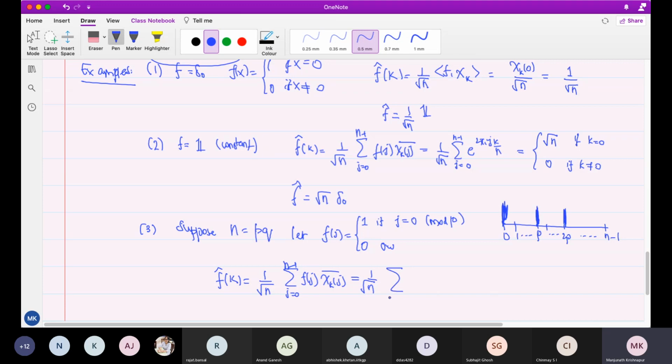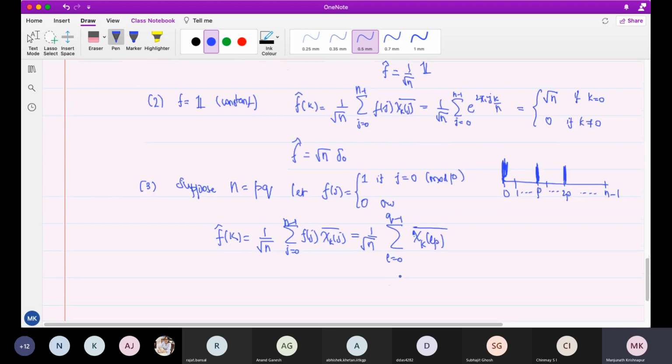Let's write l equals 0 to, how many are there? When you have multiples of p, you get chi k of l times p, with l equals 0 to q minus 1. This is what we get because the multiples are 0, p, 2p up to q minus 1 times p.